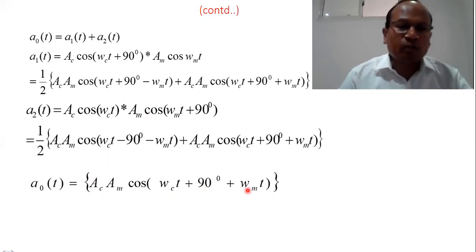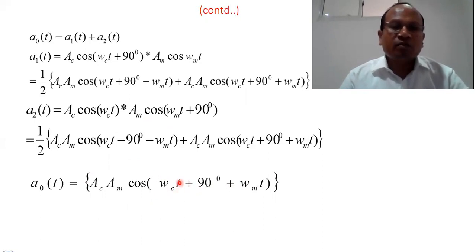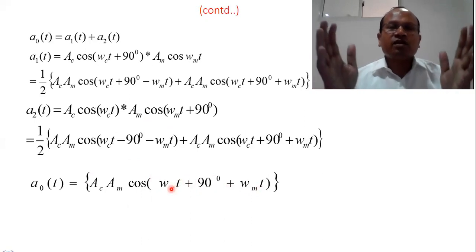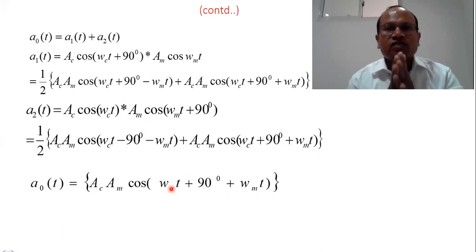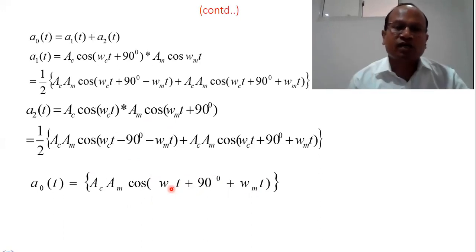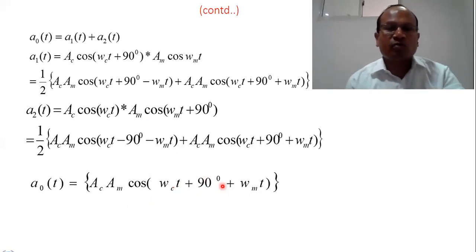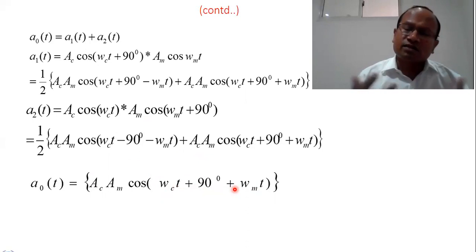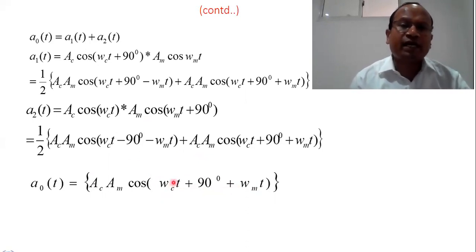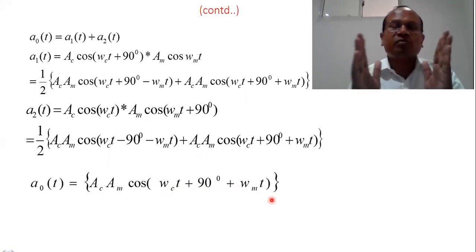When we solve it, cos(x plus y) is cos x cos y minus sin x sin y. Cosine 90 becomes 0, so one term will be eliminated, and the other term will be sine of (omega c plus omega m)t. Either sine or cosine, we will get the omega c plus omega m term.